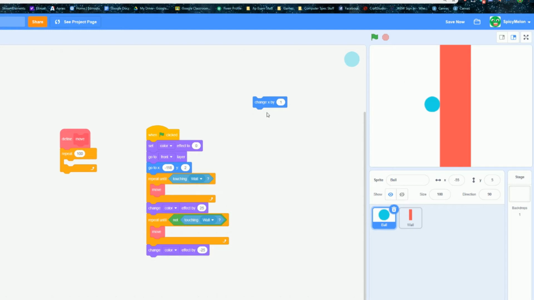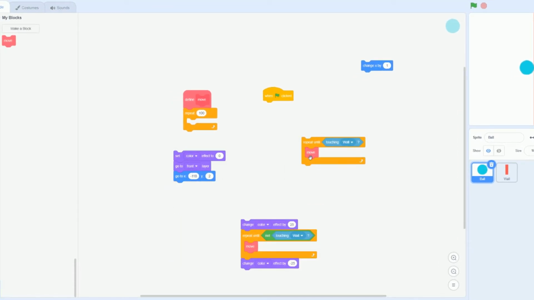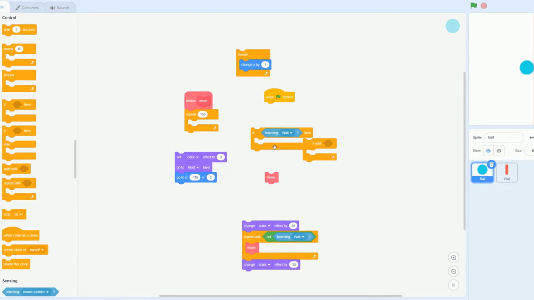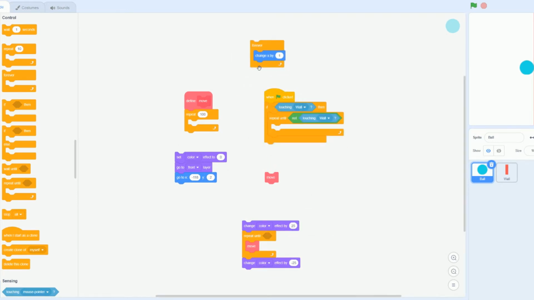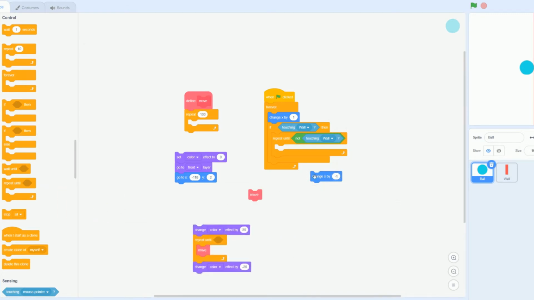I actually have this here because I was testing something, so I could change this right now. Let's say forever change x by 1, and then if touching wall, repeat until not touching wall, and it will be the opposite: x minus 1, okay?